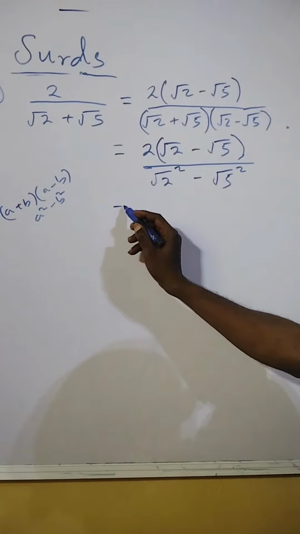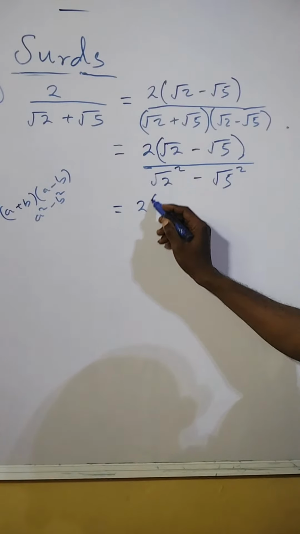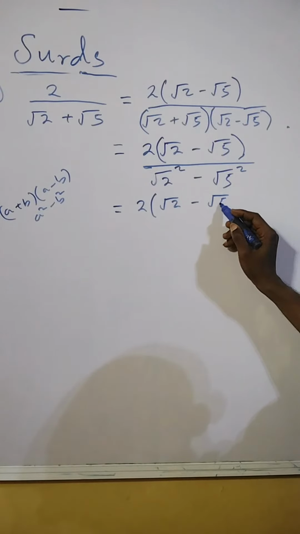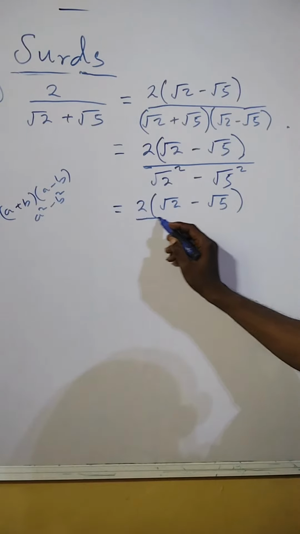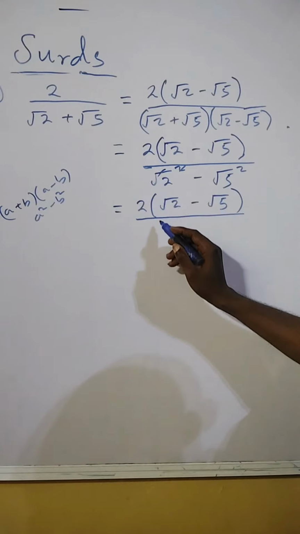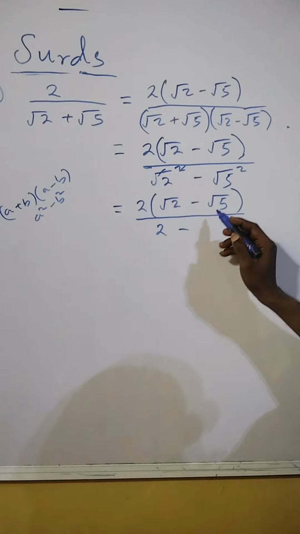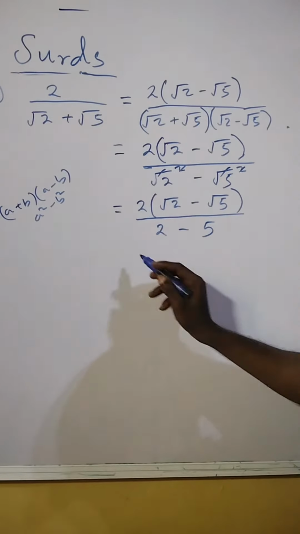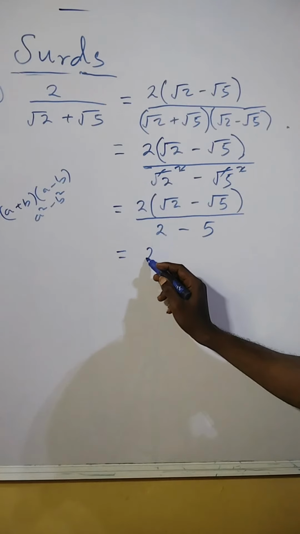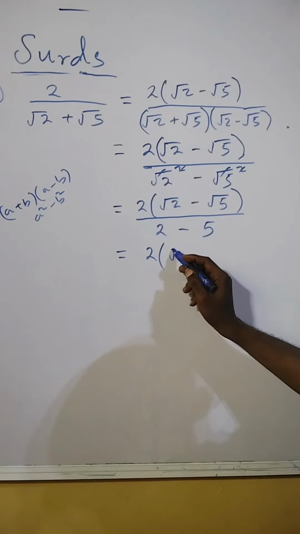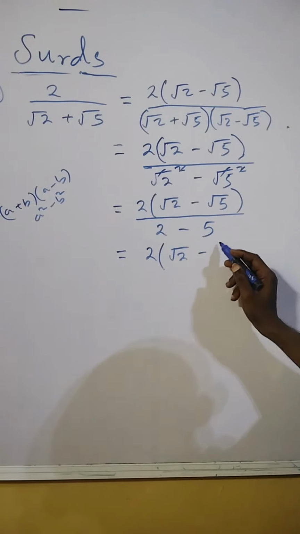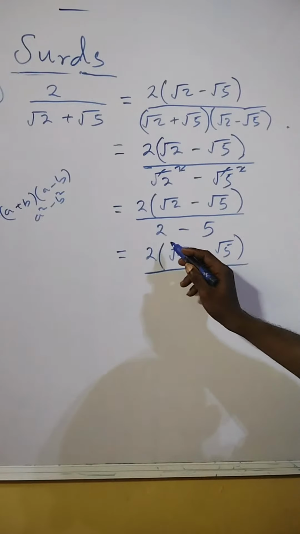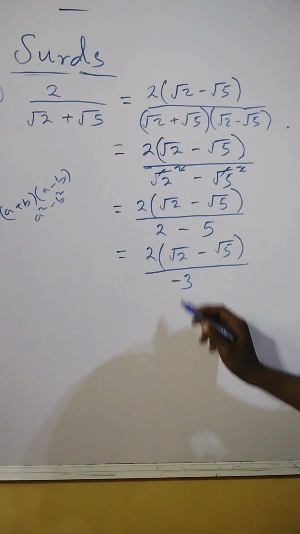And this here we have 2 into bracket root 2 minus root 5 divided by, here square cancels square root, this becomes 2 minus, also square cancels square root, that's 5. Then we have 2 into bracket root 2 minus root 5 over 2 minus 5, that's minus 3.